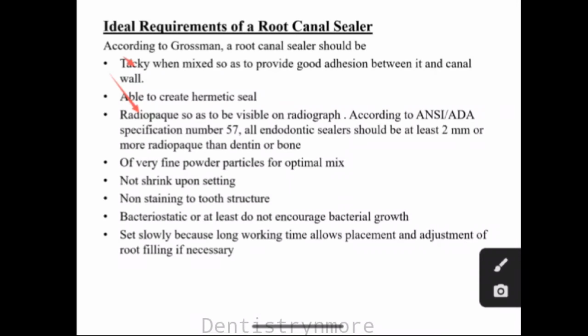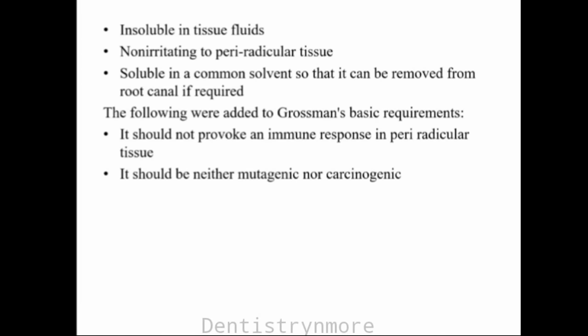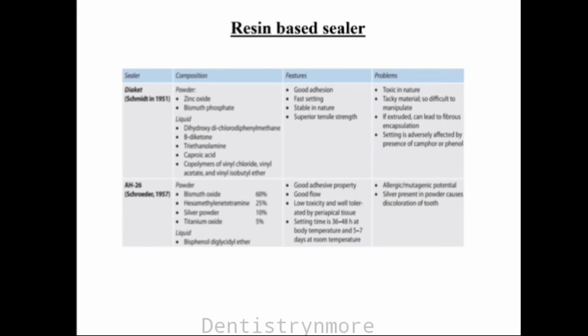It does not shrink upon setting, is non-staining to tooth structure, and is bacteriostatic, or at least does not encourage bacterial growth. It sets slowly, because a long working time allows placement and adjustment of the root filling if necessary. So these are the ideal requirements, and some also include being insoluble in tissue fluids, non-irritating, and soluble in common solvents.